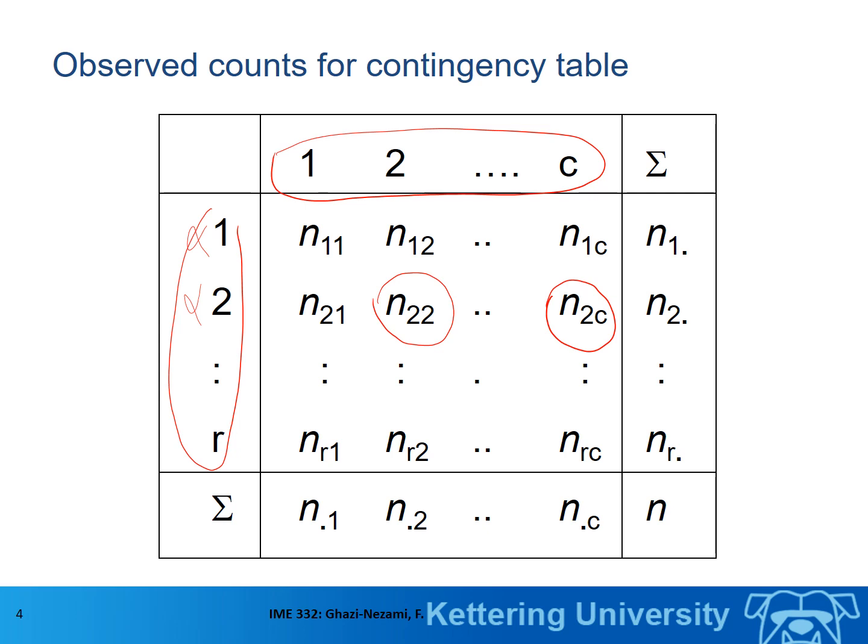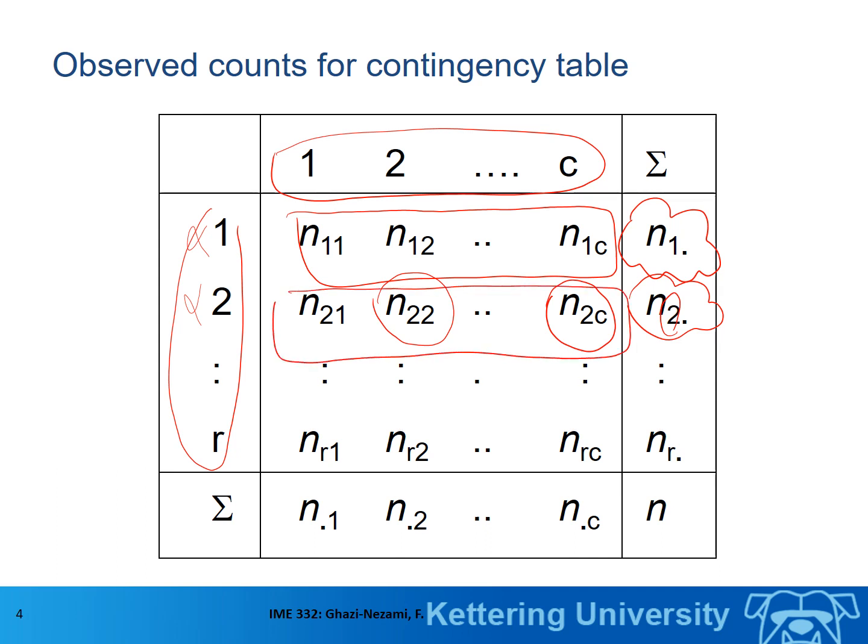Also, we need to calculate the summation of rows and columns. So as you can see, N1 dot over here is representing the summation of all the values in row 1. N2 dot is the summation of all the values in row 2 for all the columns, which is shown over here. The same thing is true for columns.